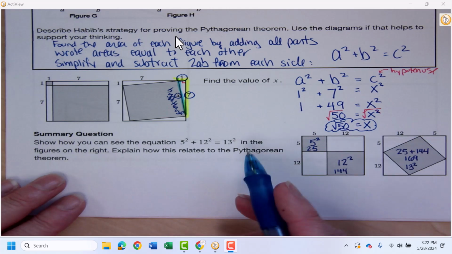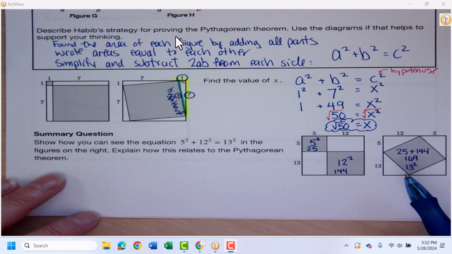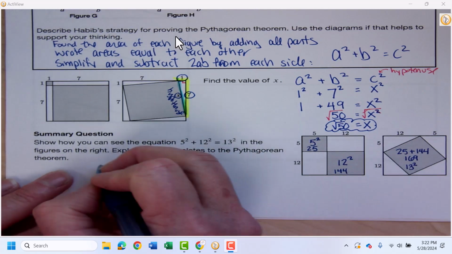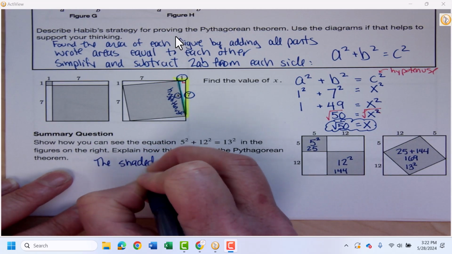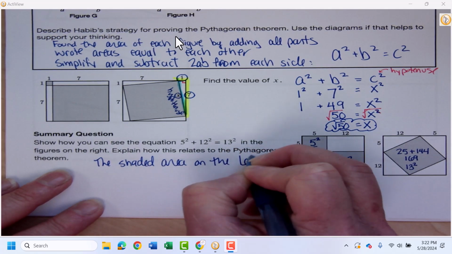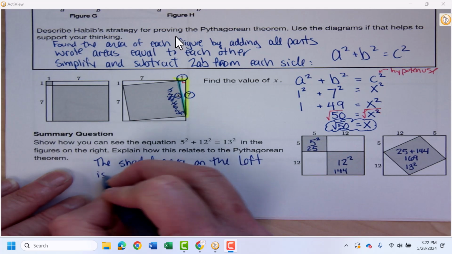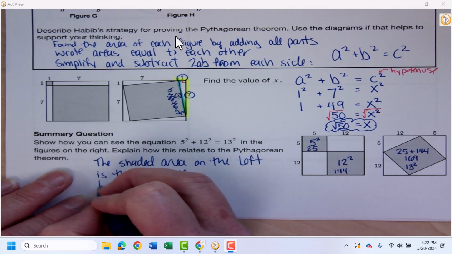So since the area shaded on the left figure is the same as the area shaded in the right figure, I can see that this is going to be the case. So the shaded area here on the left is the same as the shaded area on the right.